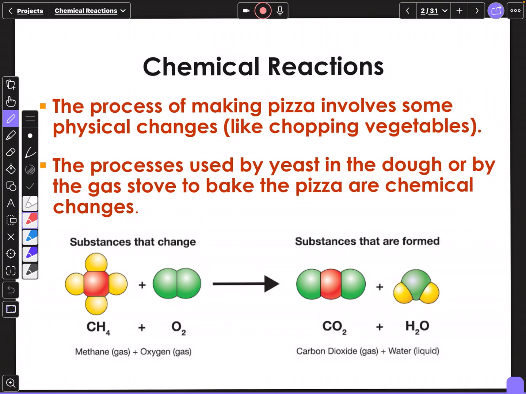The process of making pizza involves some physical changes, like chopping vegetables. The process used by yeast in the dough or by the gas stove to bake the pizza are chemical changes. And if you notice what happens in this reaction, this methane gas reacts with oxygen, and the products of that are carbon dioxide and water.